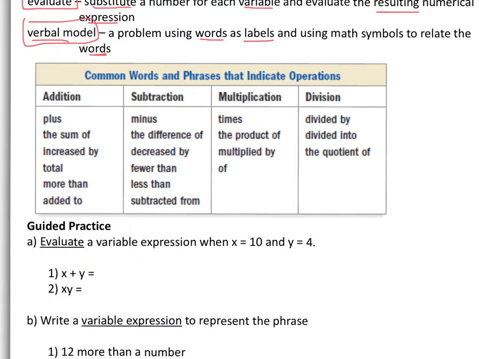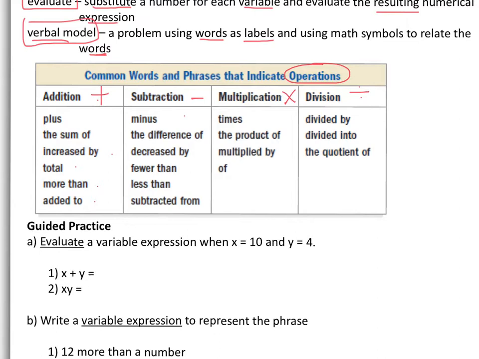These are the common words and phrases that indicate operations. The 4 familiar operations you have been working with are addition, subtraction, multiplication, and division. There are many ways to say addition. Plus, the sum of, increased by, total, more than, added to.